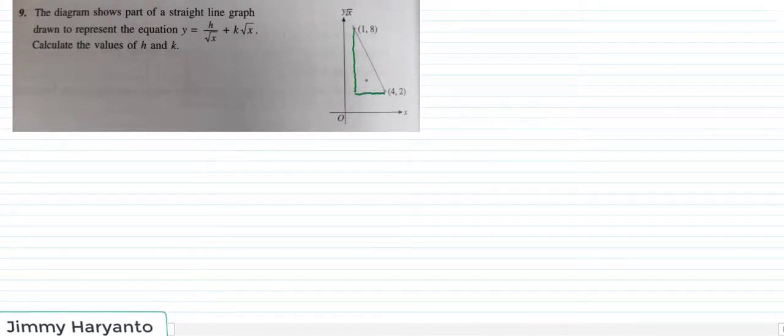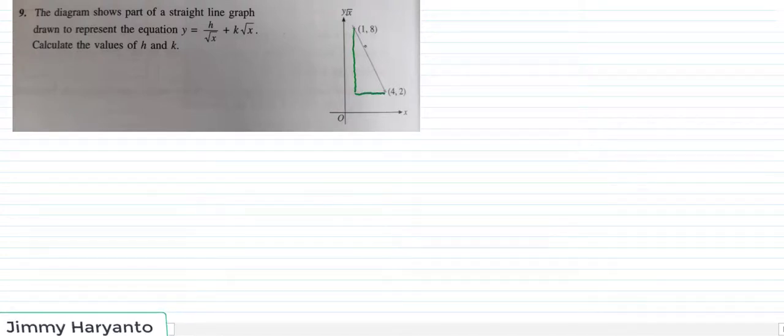How about number 9? Okay, this is number 9, the last one of your exercise. It is still the same as number 1. I give number 9 because it is similar to number 1, so you can do it now. 1, 8 and then 4, 2. I have to find the rise and then the run.